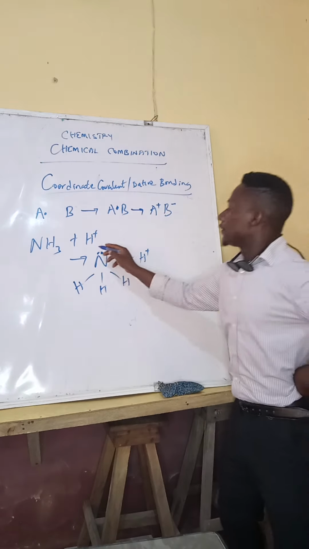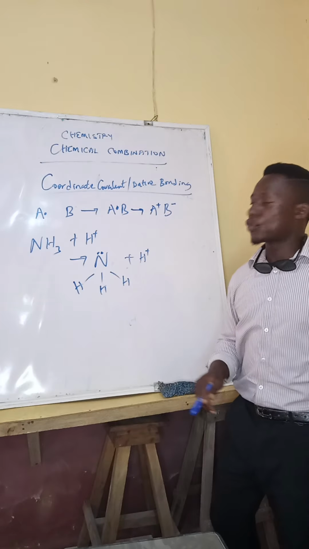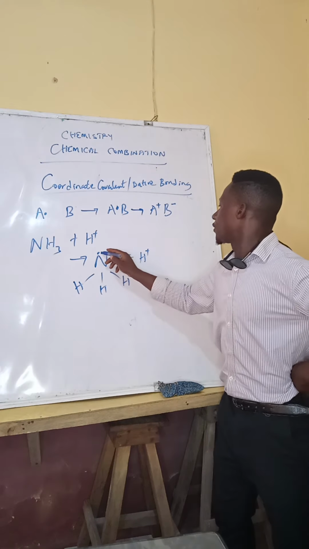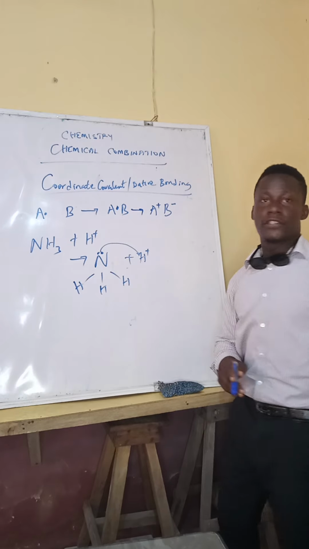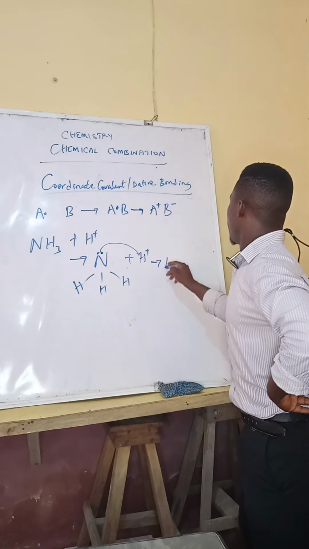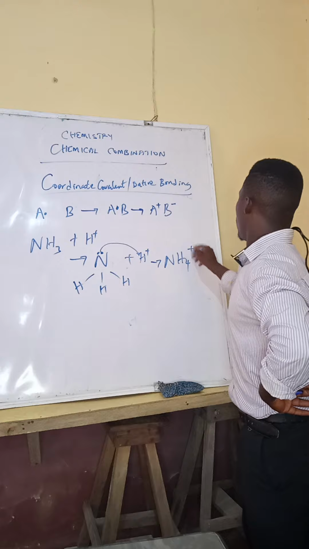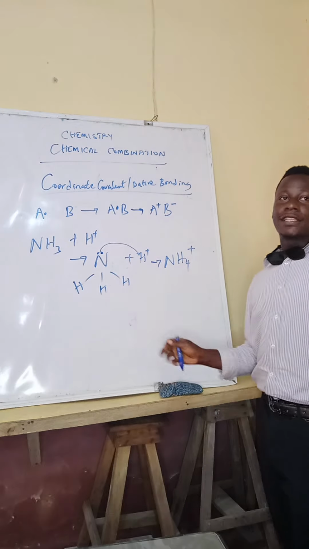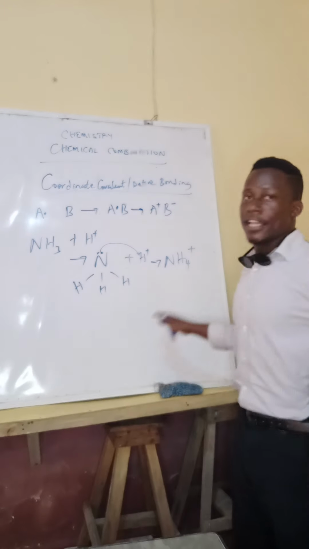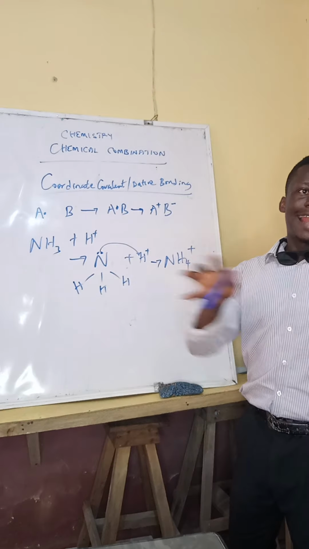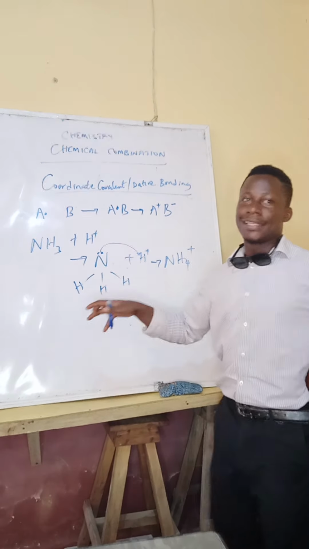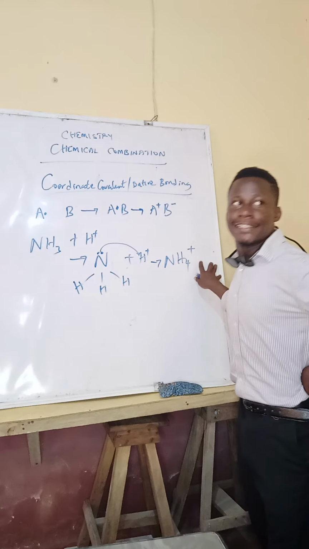So this lone pair of electrons is shared. It is used to form a bond with this, so that it can form NH4+. Now this is a typical coordinate covalent bond, where nitrogen has a lone pair of electrons that is shared and is used for bonding.